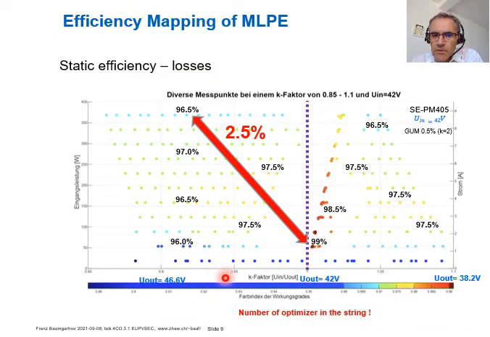And therefore, you see here the whole operating area of an optimizer. For example, here on the right side, you see the situation where the input-output ratio is higher than 1 and here lower. You see the maximum efficiency is reached close to 1, so input-output is 1, and you are at about 10% of nominal power.